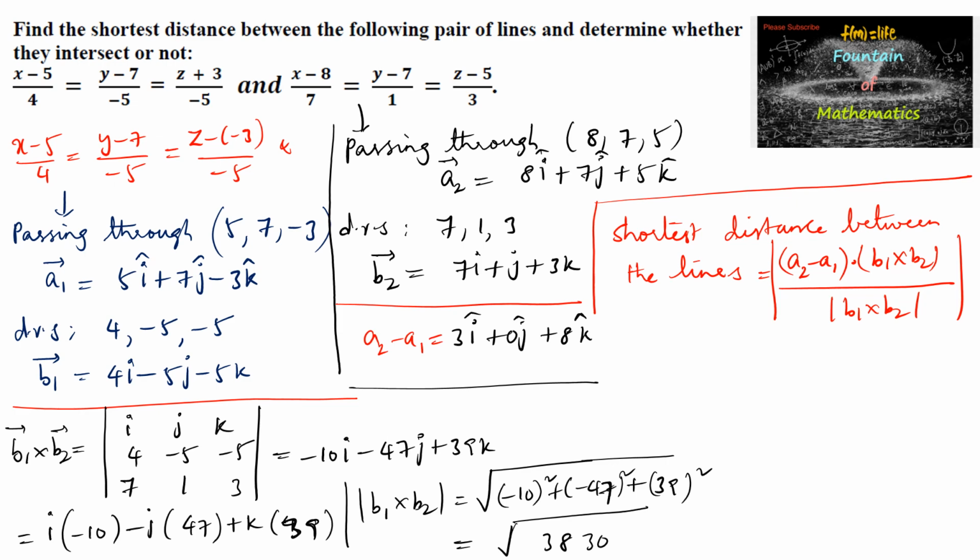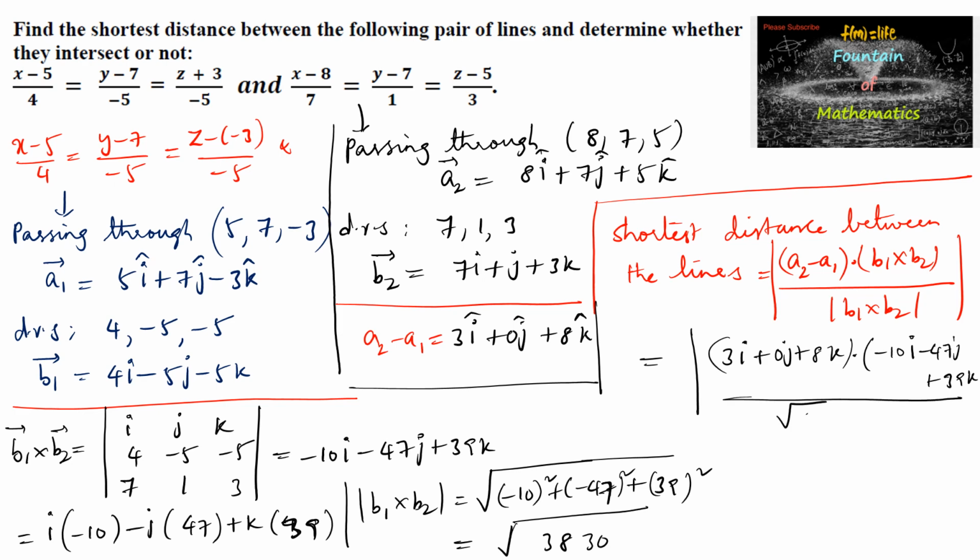So therefore the shortest distance between these lines is equal to a2 minus a1, which is 3i plus 0j plus 8k, dot b1 cross b2, which is minus 10i minus 47j plus 39k, divided by root of 3830.